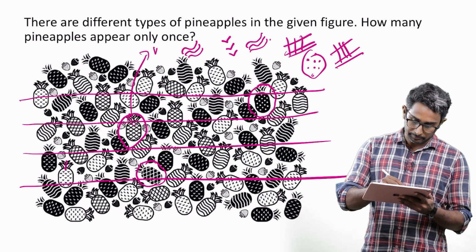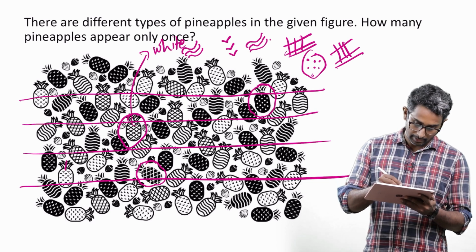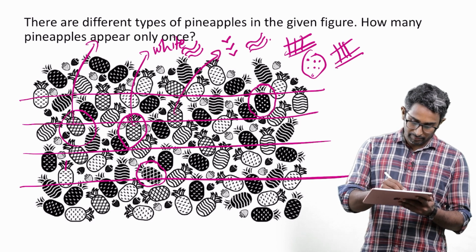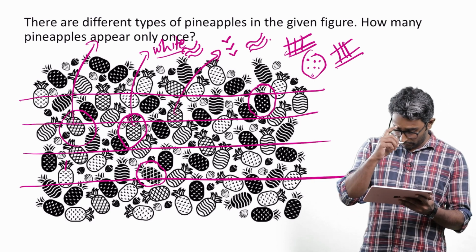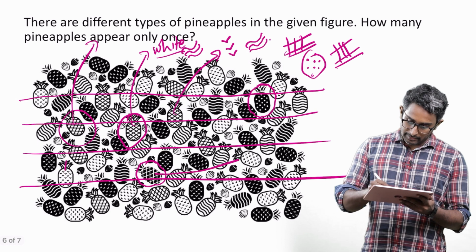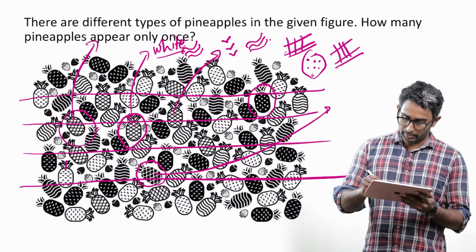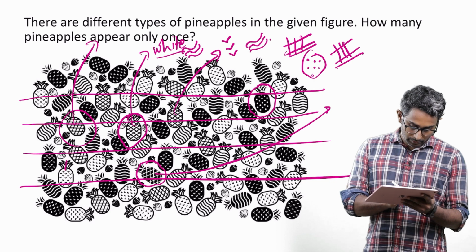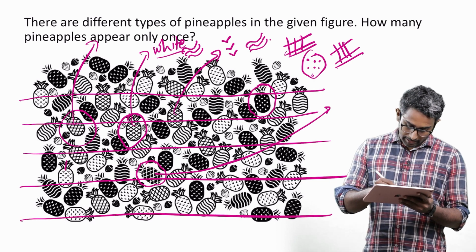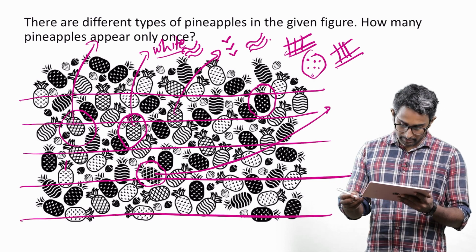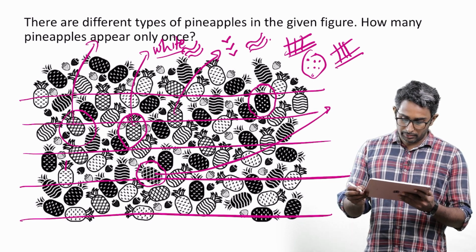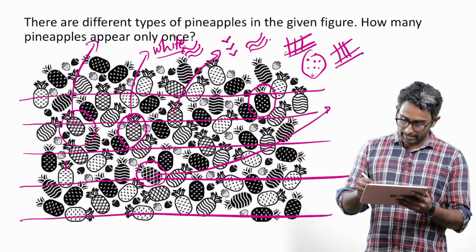This is white and it is available in many places, so we will not consider it as a unique one. This one is actually a unique one. So again I am trying to draw one more line and analyzing the whole segment, and here also I cannot find any other unique shape.